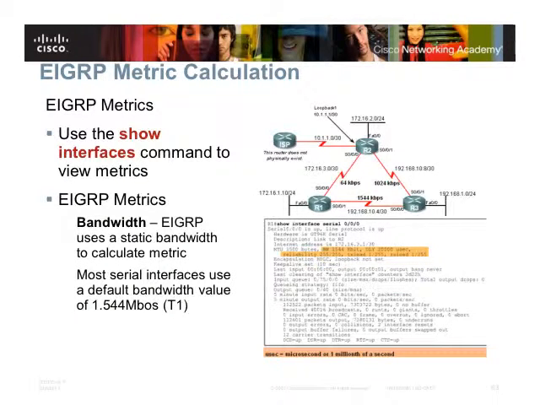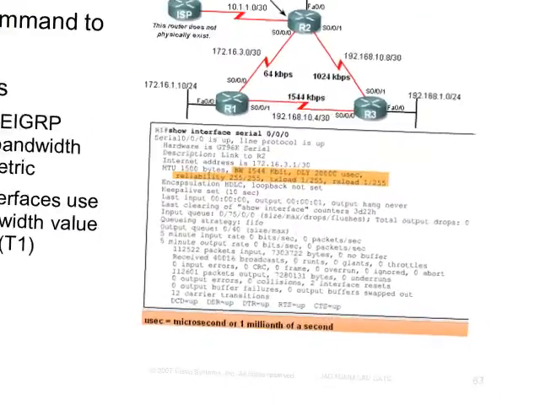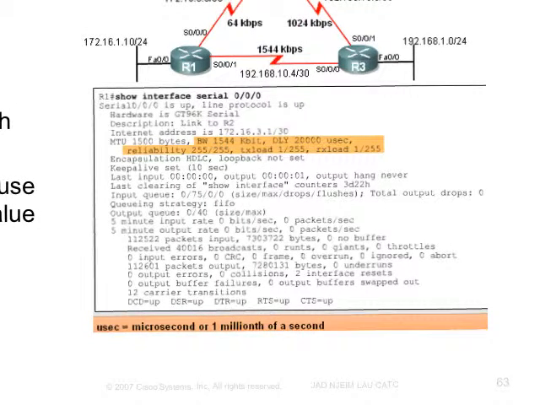So the metric calculation is based on the bandwidth and the delay, and the bandwidth, by default, is 1544 kilobits per second. This is the default bandwidth on any link. If the link uses less or more bandwidth, the network administrator has to manually change the bandwidth on this link.